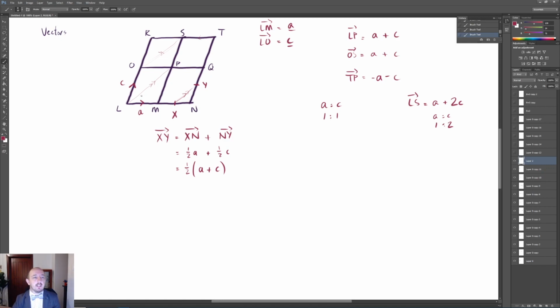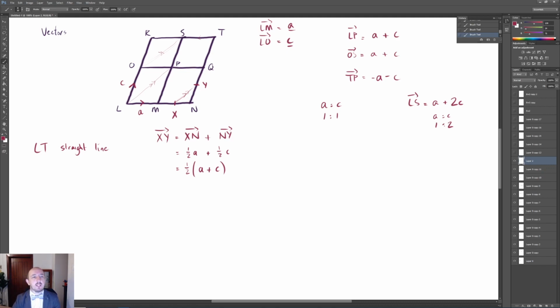If I was to say, prove that L to T is a straight line, then all I do is choose a point that's on the line L to T. In this case, I can split it in half, but sometimes it's 2/3 of the way or 3/5 or something like that.